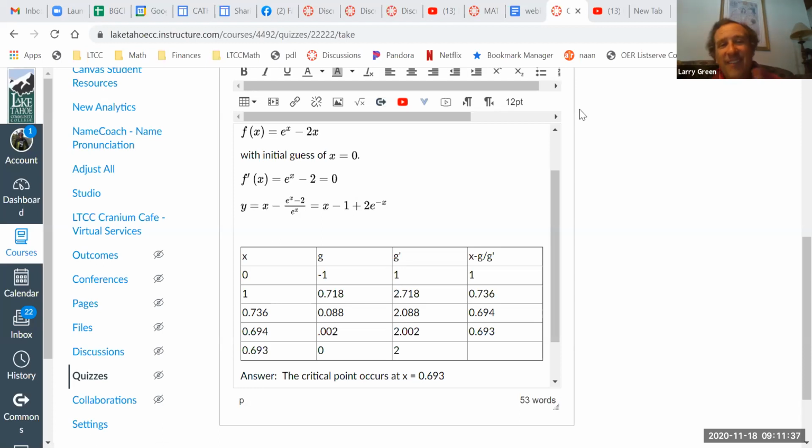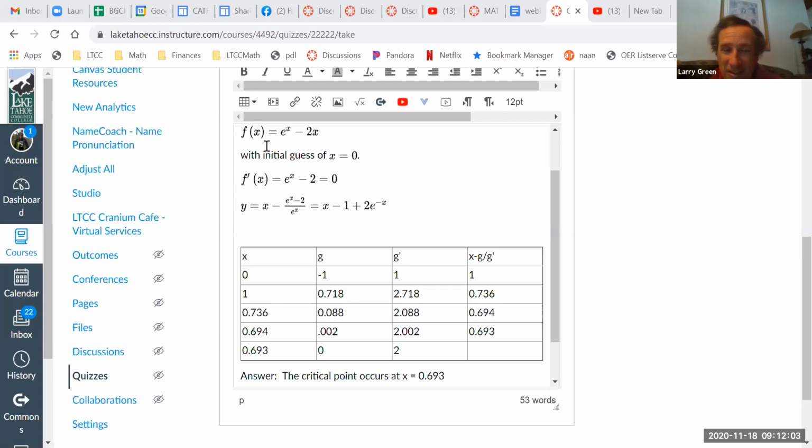The interesting thing is I wrote this quiz before I got the 3 emails about confusion. But it wasn't the homework, so I don't feel guilty at all. I think there were 2 problems that had to do with this. It wasn't this exact e to the x minus 2x, but that wasn't the hard part. I hope taking the derivative was not the hard part, because if it was, you're not passing this class.